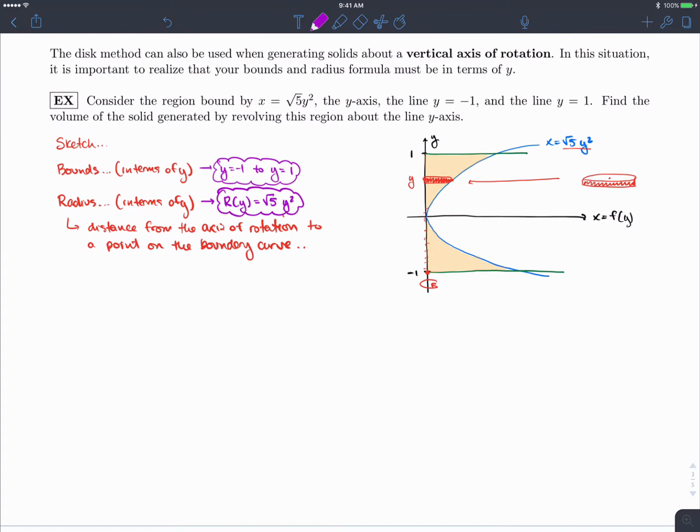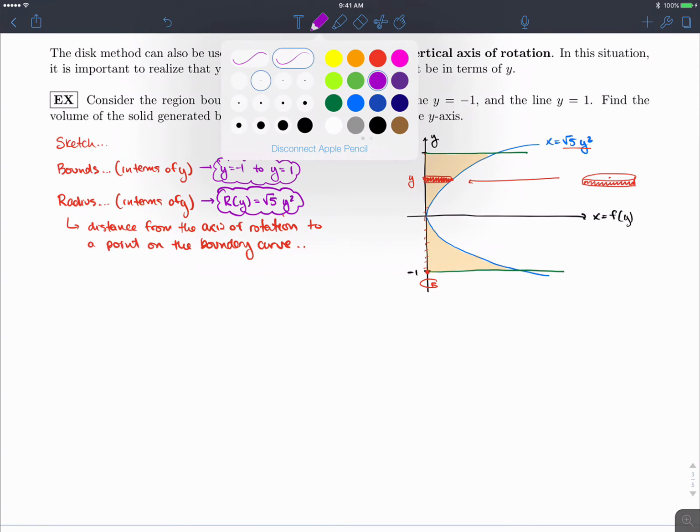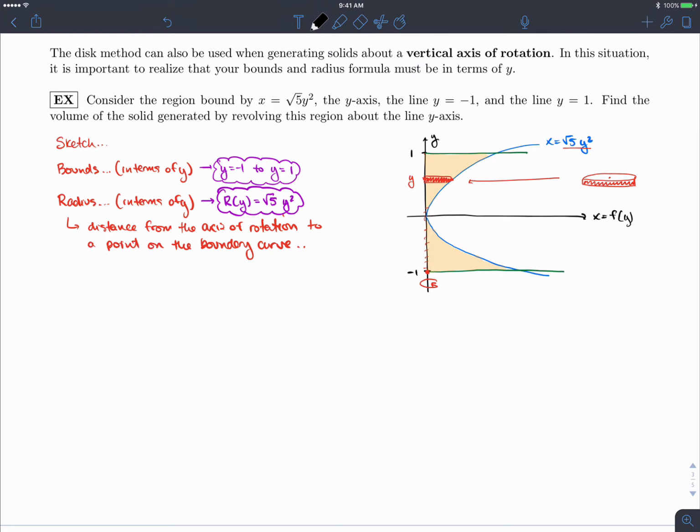All right, so now we're going to set up our volume. The volume is going to be equal to the integral from -1 to +1 of pi times our radius squared, and we integrate with respect to y. Now we could integrate this and we would get our correct answer, or we could maybe make our lives a little bit easier.